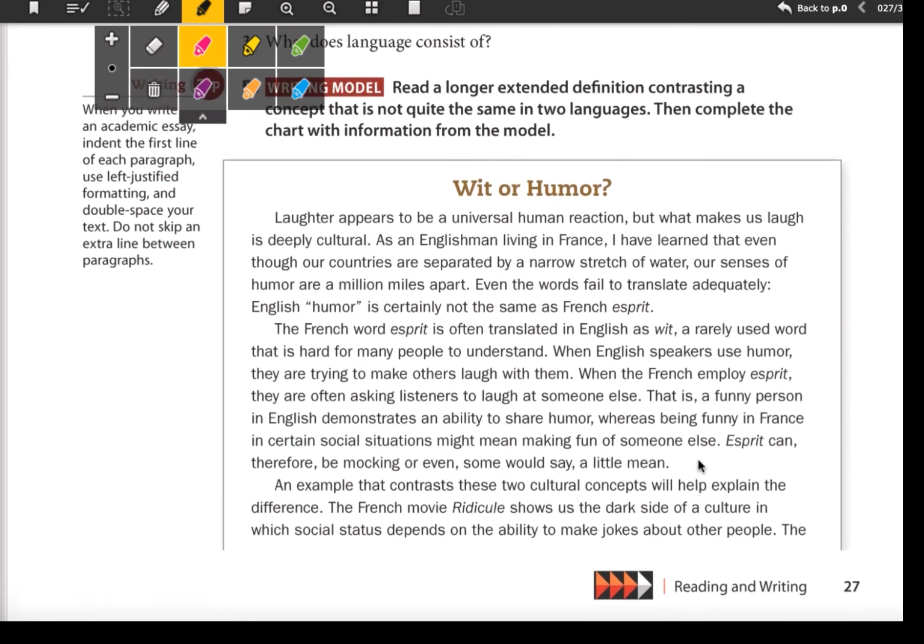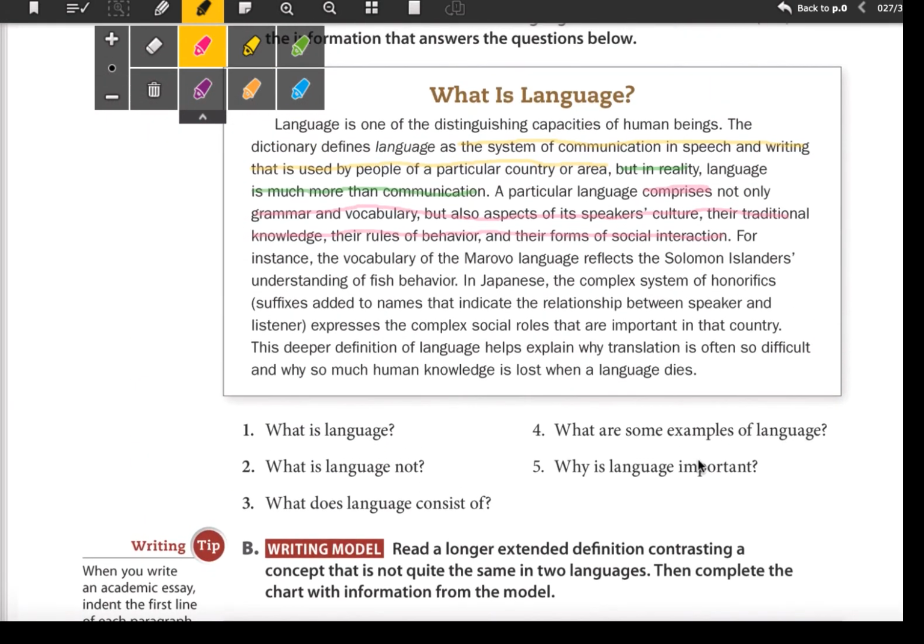So coming back here, this is what it consists of. It consists of culture, traditional knowledge, rules of behavior, and forms of social interaction. So if I was going to make a chart for this, I would put that under what does language consist of. There's something else here I want to show you. It also said not only.